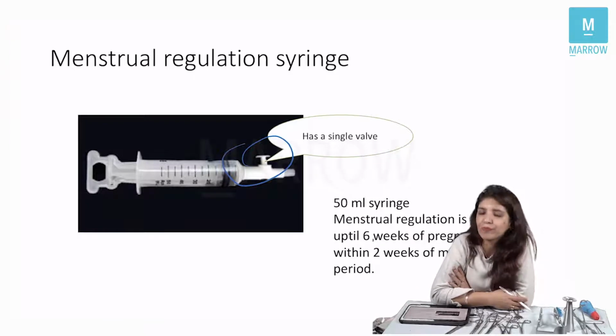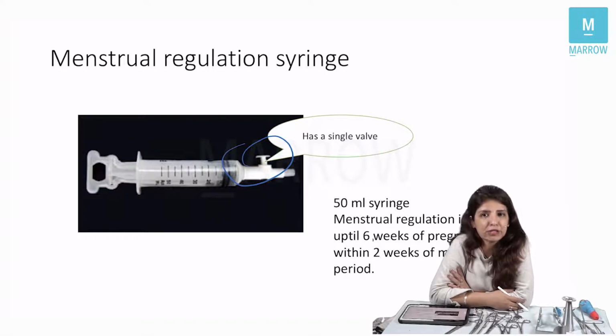Next important question, what is the capacity of this syringe? The capacity of this syringe is 50 ml. Of the manual vacuum aspiration syringe, the capacity was 60 ml. The last question which they can ask you here is, till what time can you do menstrual regulation as a method for MTP?